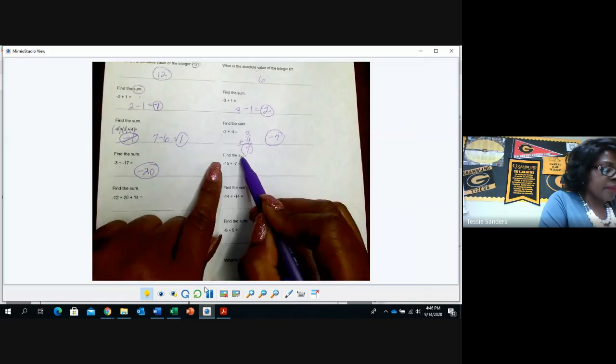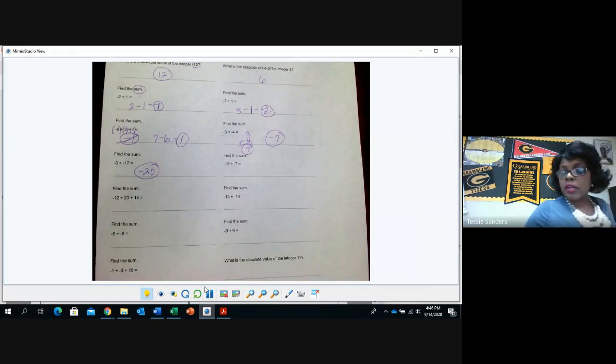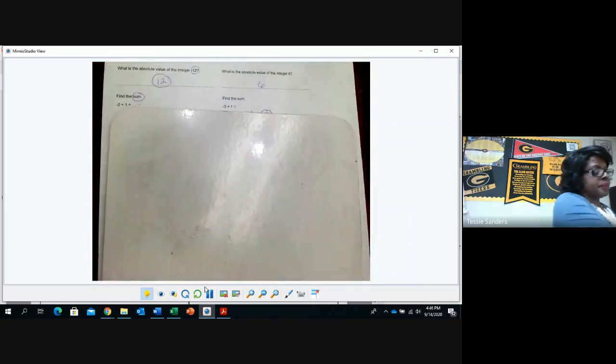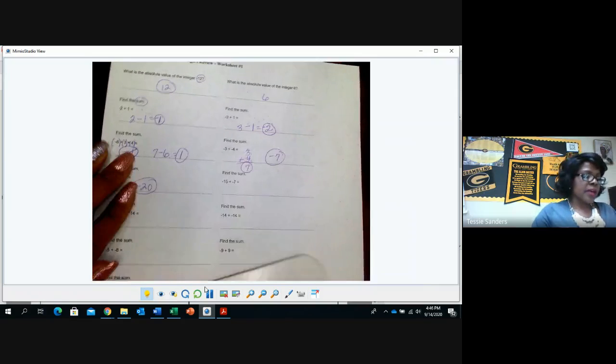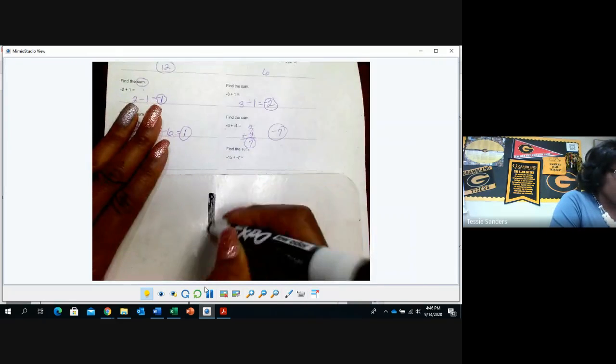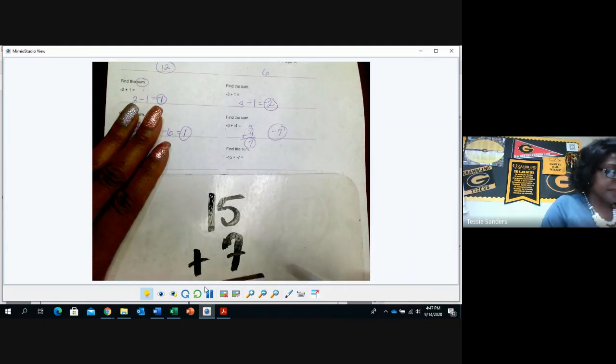Find the sum. We have negative 15 plus negative 7. Well, let's work it out. Let's rewrite the problem. Now, what did we have? We had negative 15, which is 15 plus 7. This is how we're used to seeing the problem.